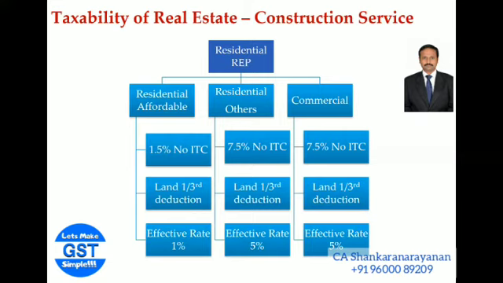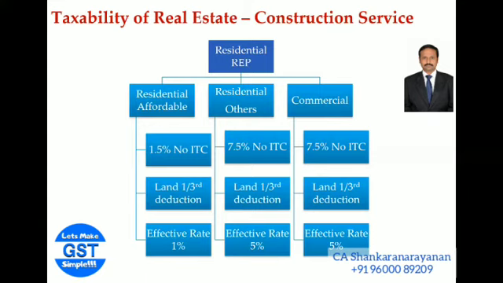In that, if it is affordable housing, meaning less than 45 lakh rupees in value and the area is not exceeding 60 square meters in a city or 90 square meters outside a city, in those cases, the value should not exceed 45 lakhs. If that is the case, the tax rate is 1.5%. But land is also there, so they give a deduction for the land.